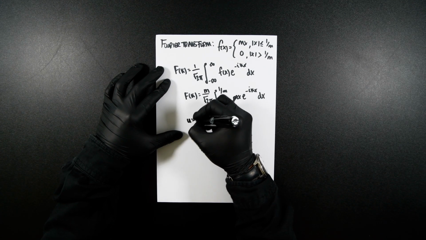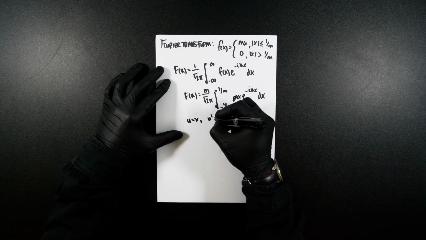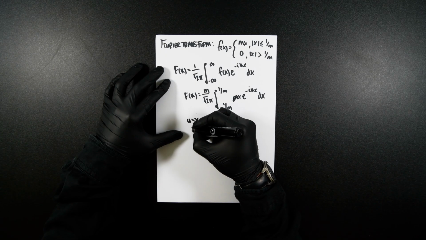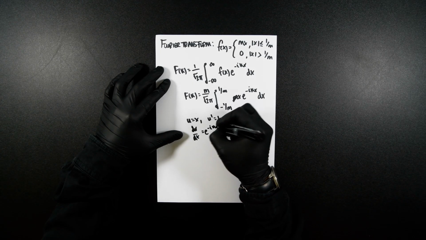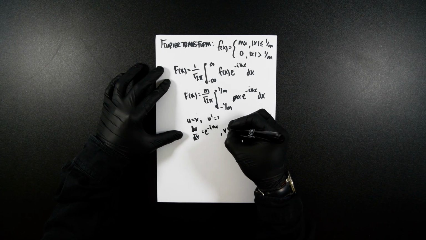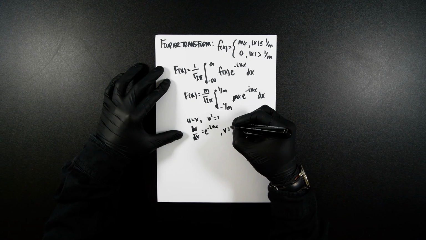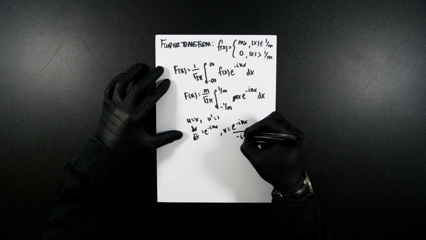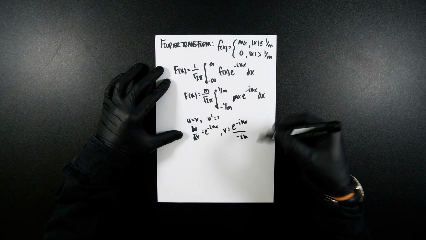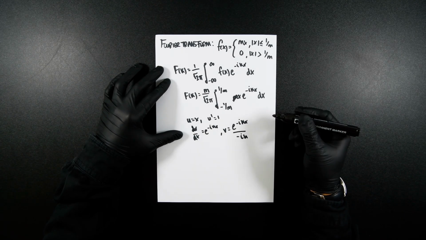So u equals x, u dash equals 1, dv dx would equal e to the minus ikx, and therefore v would be e to the minus ikx divided by minus ik. uv minus the integral of v du dx.